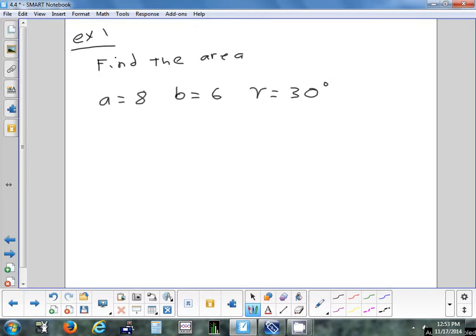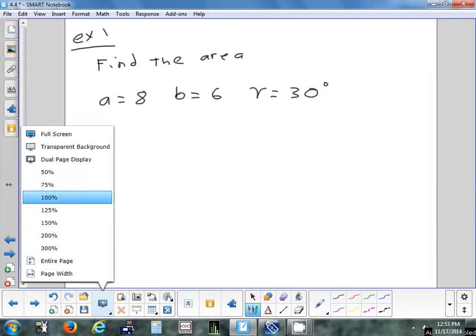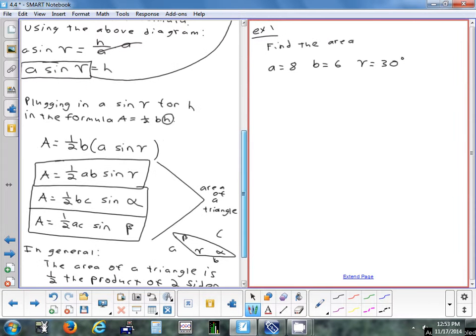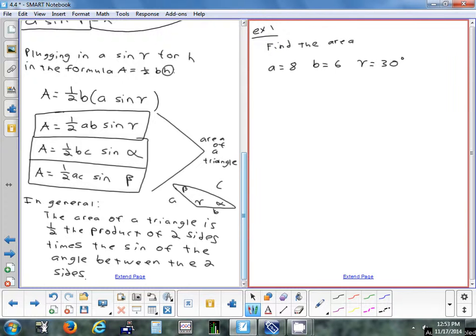Okay. So here's an example. It says find the area. A is 8, B is 6, gamma is 30. Right, let's just start out by writing down what the expression would be to find the area.